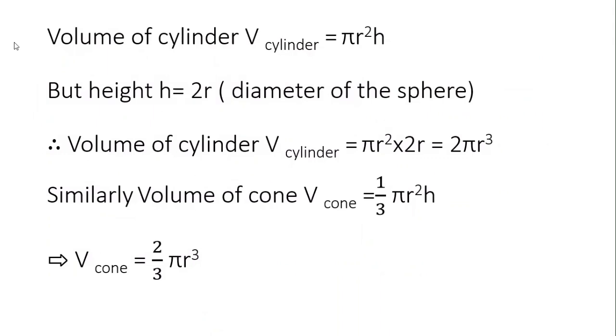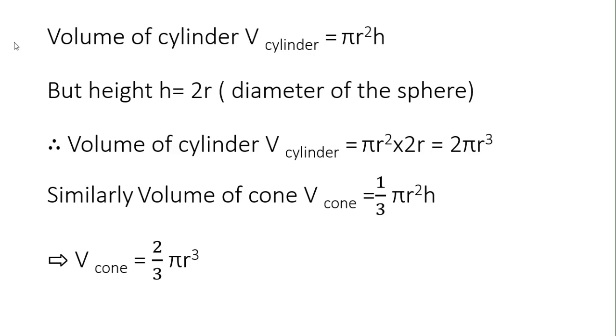And what can we substitute in the place of h? h is equal to 2r, because the height of the cylinder is nothing but the diameter of the sphere. So the volume of the cylinder is nothing but pi r square into 2r. In the place of h, we are substituting 2r. So finally it becomes 2 pi r cube.